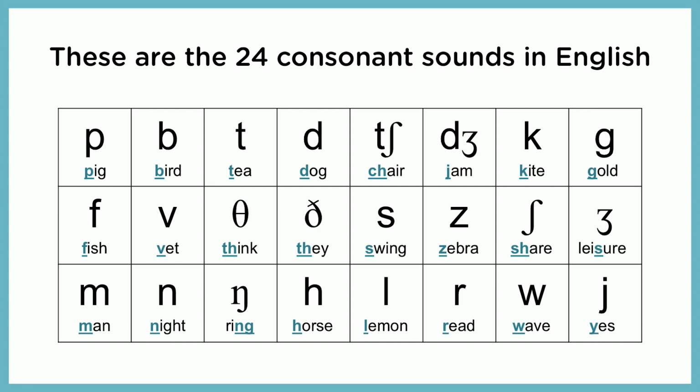Ch, for example, which is in the middle of the chart in the top row, and its pair, J. And then in the second row, we've also got th and the, as in think and they. These might be symbols that you haven't seen before, but once again, you don't need to learn these off by heart. It's just helpful to understand the sound they represent if you see them in a dictionary or want to check.